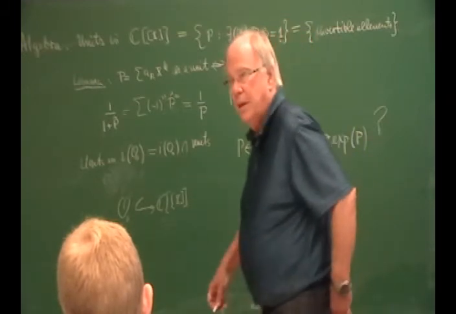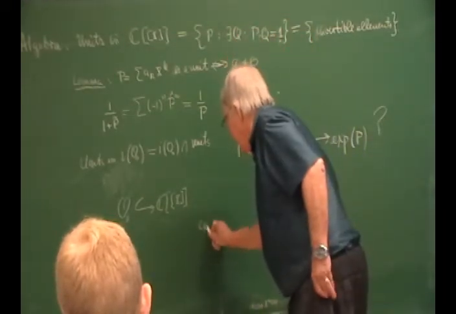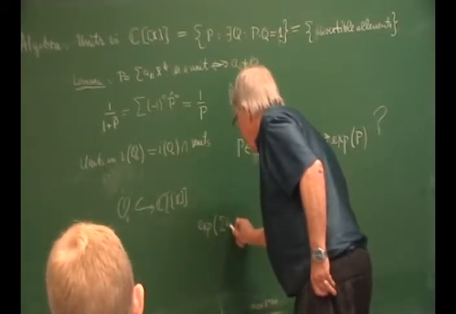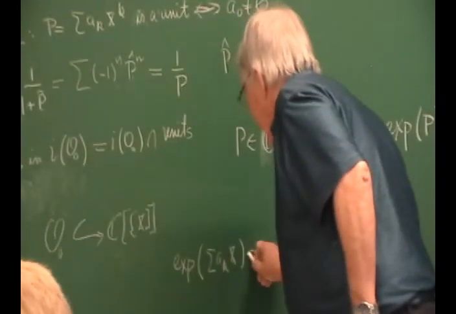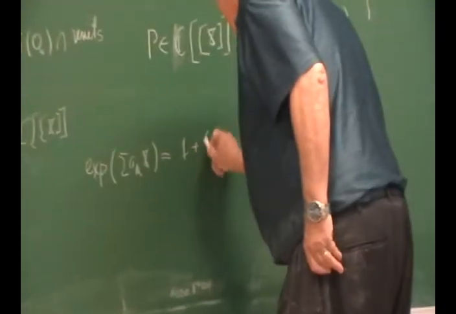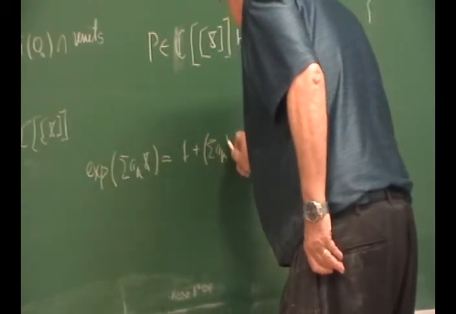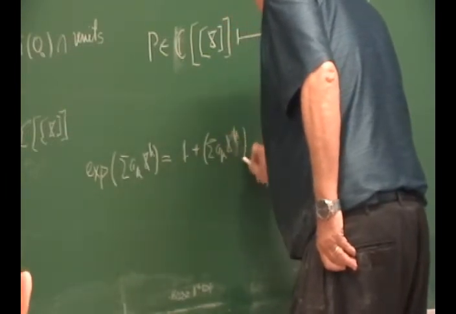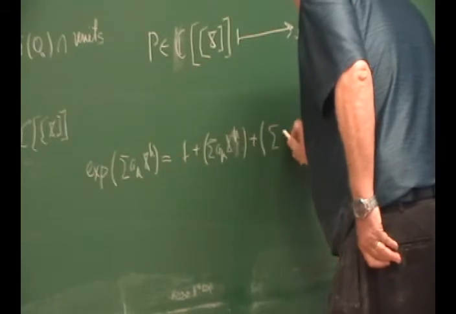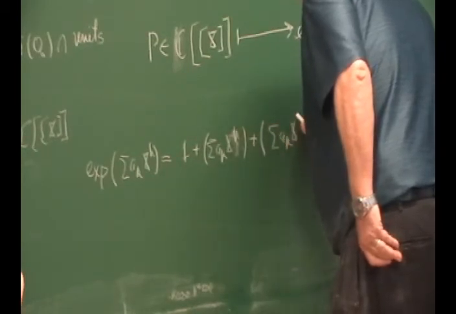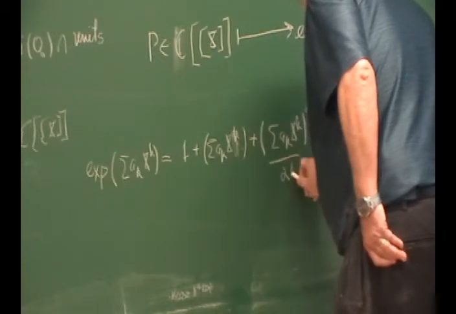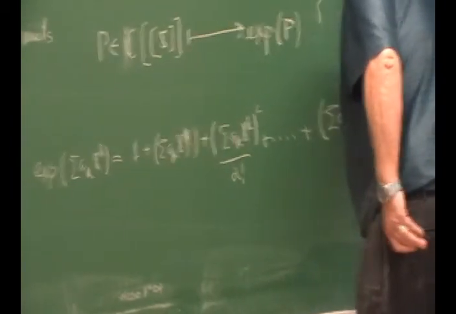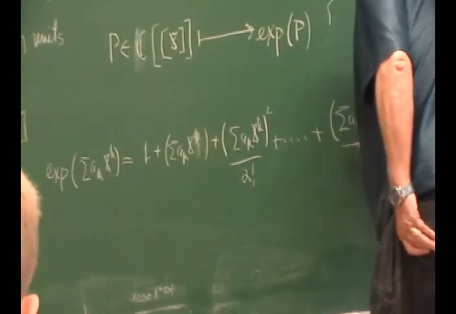You understand what is e to the x? e to the sum a_k x to the k equals 1 plus sum a_k x to the k plus sum a_k x to the k squared over 2 factorial plus sum a_k x to the k to the m over m factorial and so on.